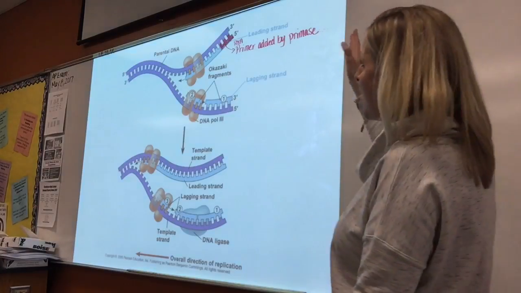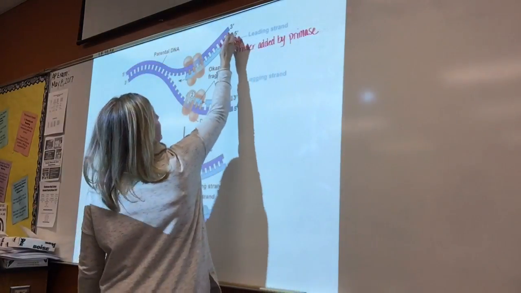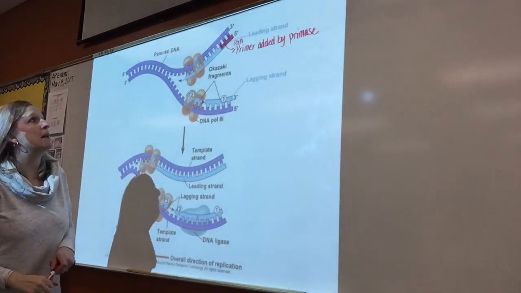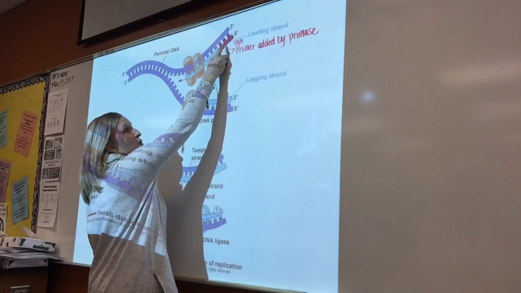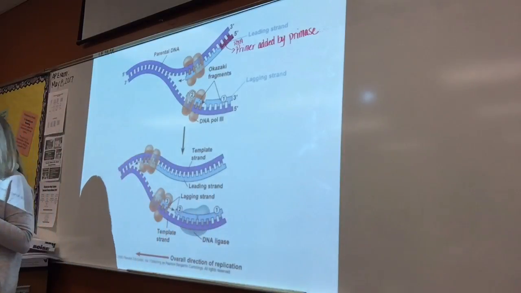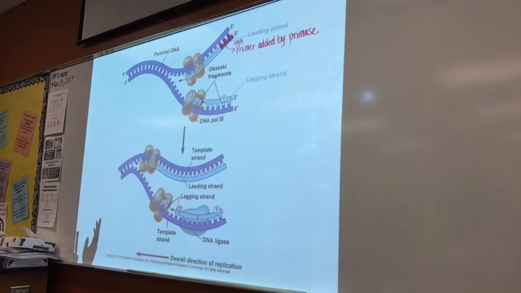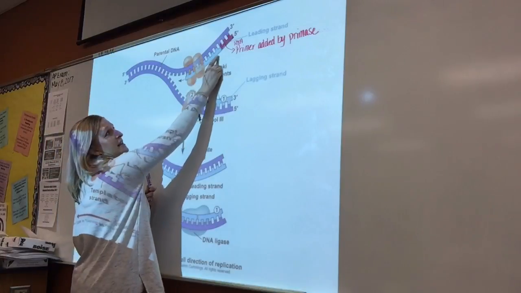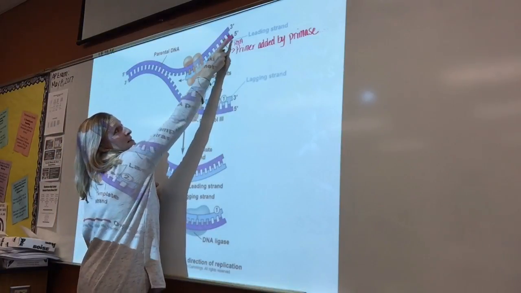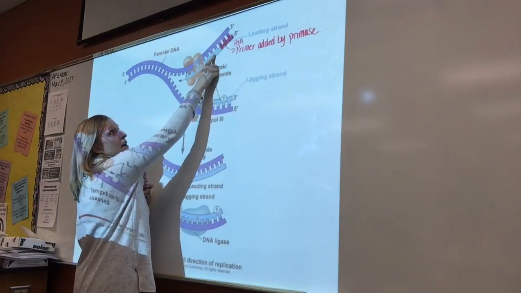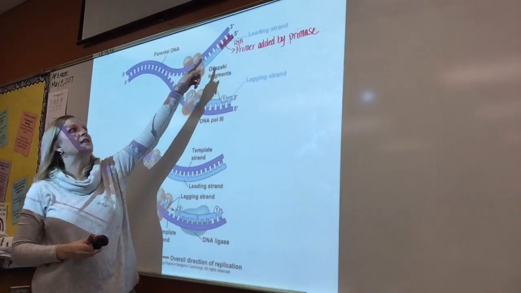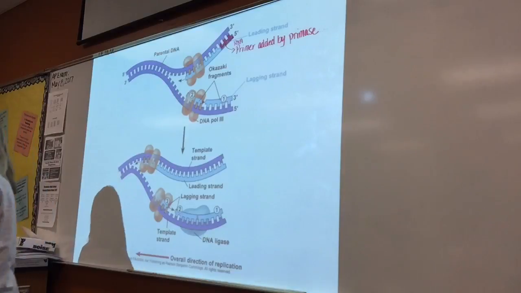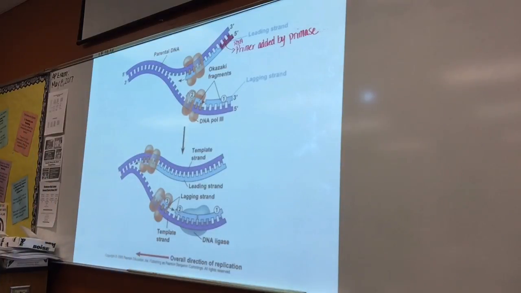And so then, since primase can start a polynucleotide chain, we're good to go, because now you've got a very short little chain of nucleotides, and now the DNA polymerase can add, because this is the 3' end of this little strand here, start adding, and then it continues. And so for the leading strand, you just need 1 primer at that very beginning, and then the DNA polymerase is good to go.